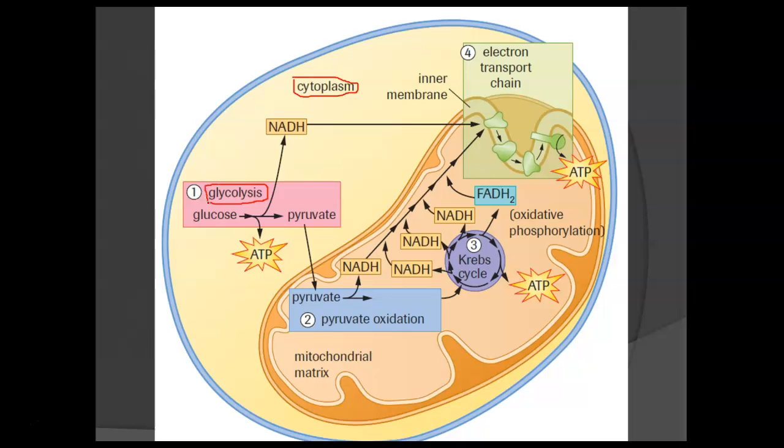And glycolysis is basically, there's that lysis again. So in this case, we're taking glucose and we're breaking it apart. In the process of breaking the glucose molecule apart, we actually need a little bit of help to start that process. And so there's actually going to be an input of some ATP into the process to give us the little bit of a kick that we need to get that started.